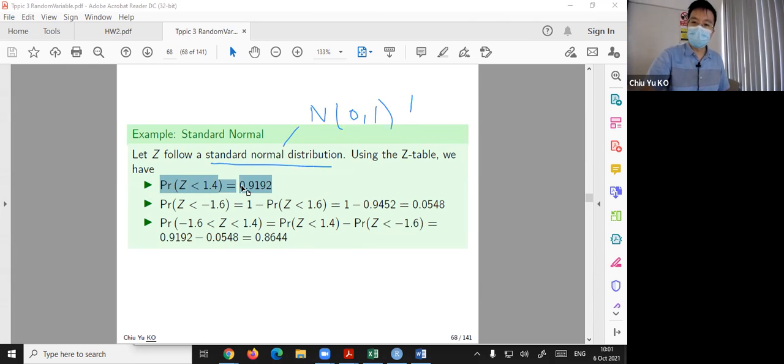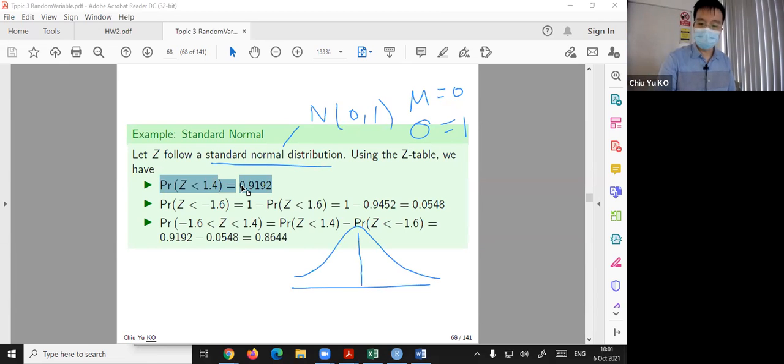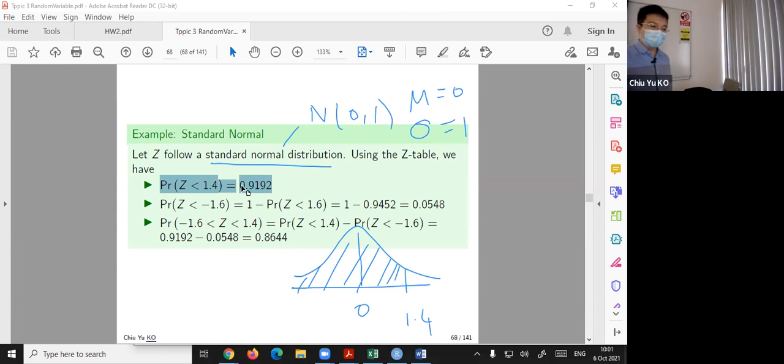Mu is 0, and whether sigma or sigma squared is 1 doesn't really matter. We want to find the probability that z is less than 1.4. So 0 is here, 1.4 is here, and you want this area. That is the goal.